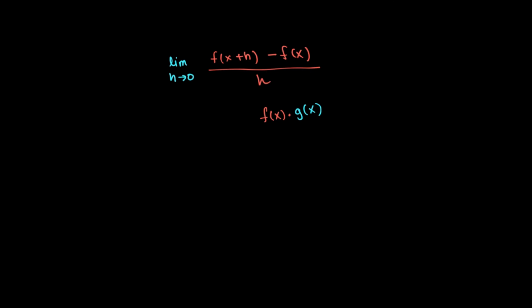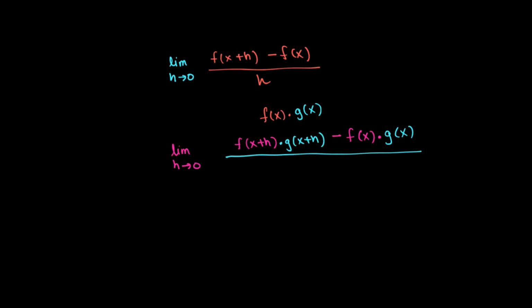I will write the limit as h tends to 0 of f of x plus h times g of x plus h, and we had f of x subtracted, but in this case it would be f of x times g of x subtracted, and then we have to divide this whole expression by h, right?